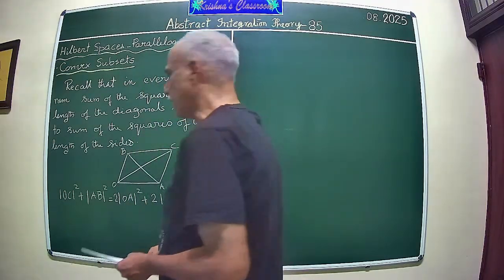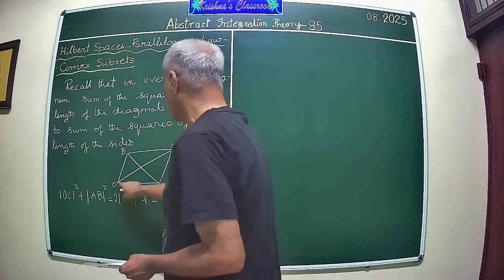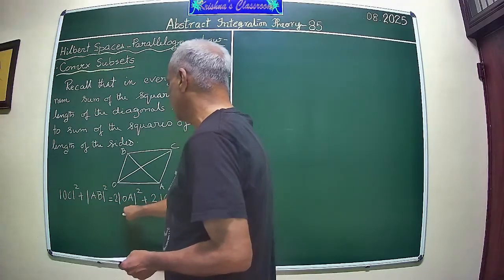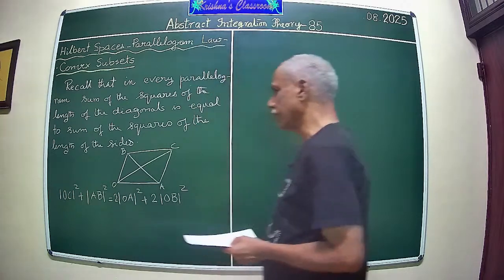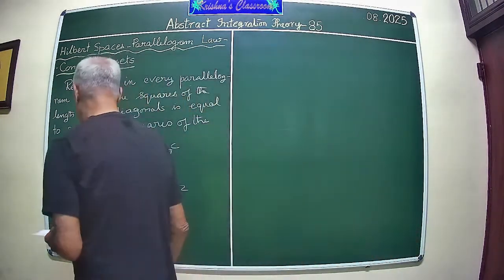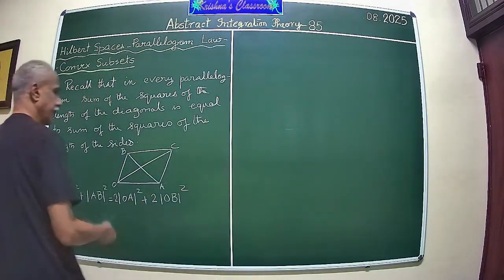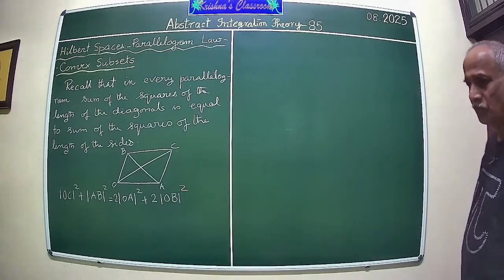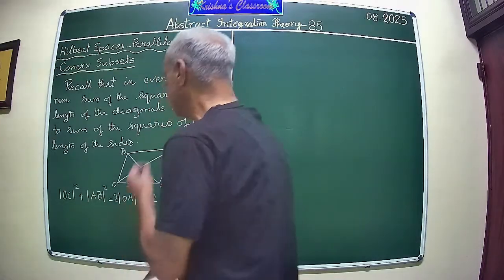Now you know that in a parallelogram, the length of AC is the same as length of OB, length of OA is the same as length of BC. Therefore, we get twice length OA square plus twice length OB square. This is the classical parallelogram law in pure geometry, which you can prove with the help of Pythagoras theorem by doing some constructions and so on.